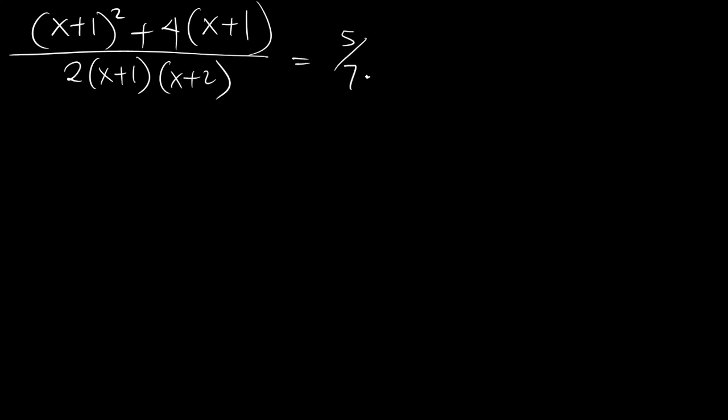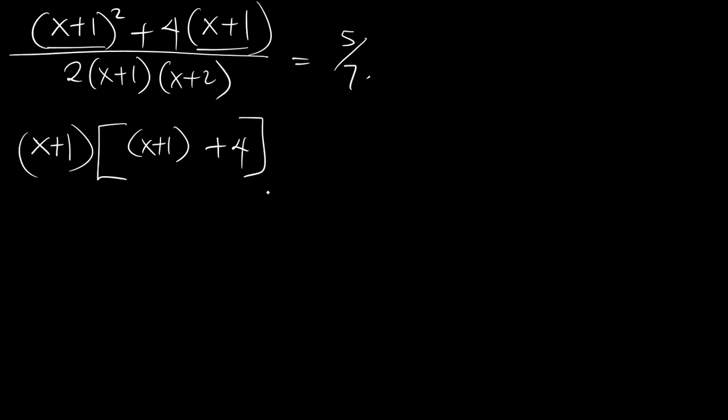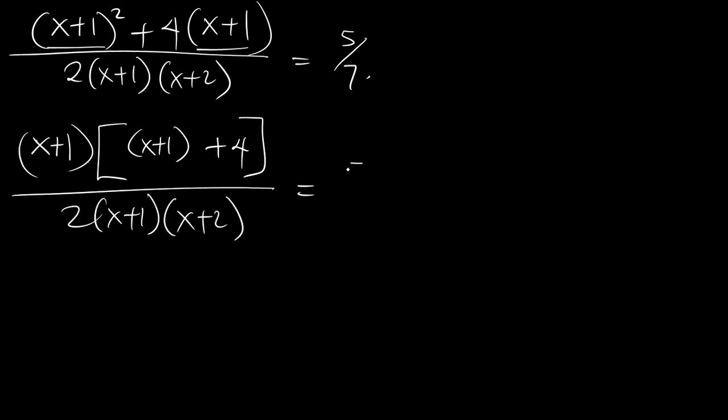Now if you look at this, x plus 1 is common in both of these terms. So now what we're going to do is factor the x plus 1 out. We say x plus 1, now we put a bracket. You now have x plus 1 remaining here, plus 4 divided by 2 into (x plus 1)(x plus 2) equal to 5 over 7.